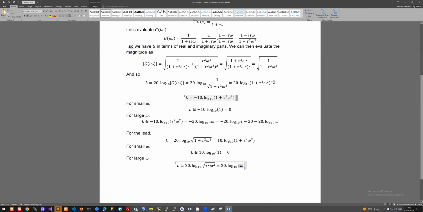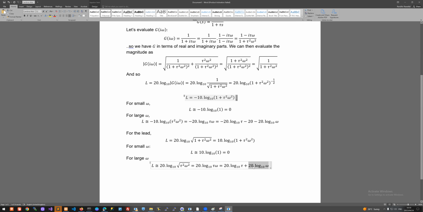And so again, we could split the two variables there. Because the property of log is the log of the product of two things is equal to the sum of the logs of each of the individual things, right? So again, this tau is a constant, and then we've got a gradient of 20, and our x-axis is log 10 of omega.